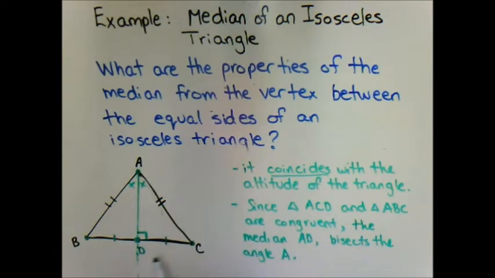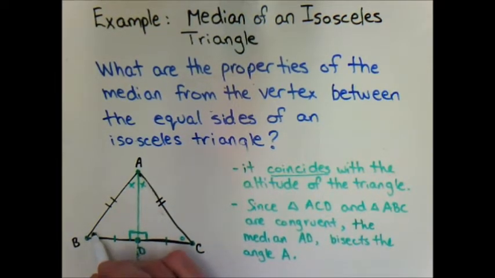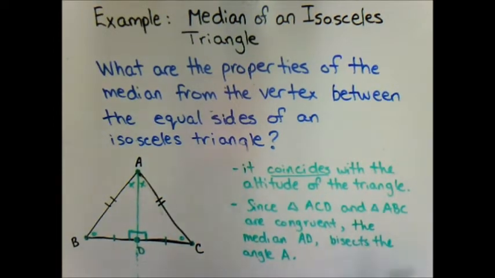And since ACD and ABC are congruent triangles, the median AD bisects angle A. These 2 angles must be equivalent because these 2 angles are equivalent, and the angle C and the angle B are also equivalent in an isosceles triangle. So there you have it. We've used our critical thinking skills. We've analyzed the median of this isosceles triangle, and this is a good example for what you are going to be doing throughout this unit.